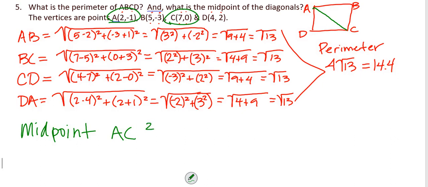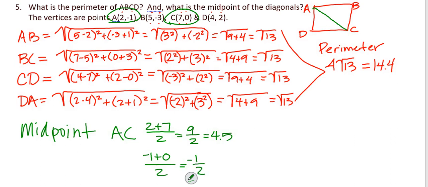So we're going to do 2 plus 7 divided by 2, that's 9, divided by 2, that's 4.5, so that's my x value. Then we're going to do the y values, which is going to be negative 1 plus 0 divided by 2. Well, that's negative 1 over 2, which would be negative 0.5. So our midpoint of the diagonal is 4.5, comma negative 0.5.